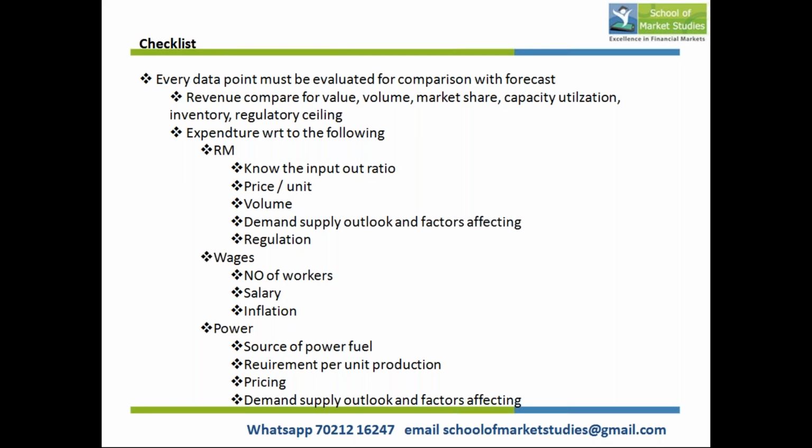Now, the price per unit would obviously be impacted by the demand and supply outlook for the input raw material and the factors which are affecting it, and also regulation.